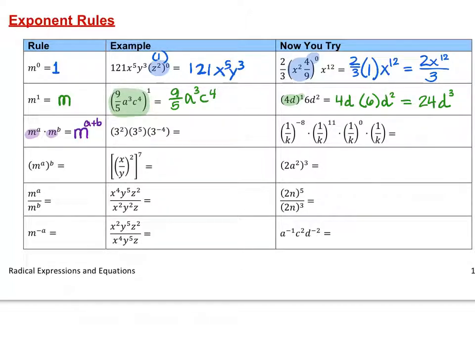In the example that we've got, we see that we have the same base, 3. We have it for 3 different numbers, and so what we're going to end up with is a base of 3, and we're going to add those exponents to one another. So 2 plus 5 is 7, minus 4 is 3, so we're going to have 3 cubed, which is 27.